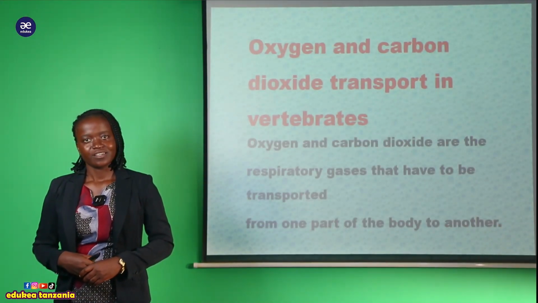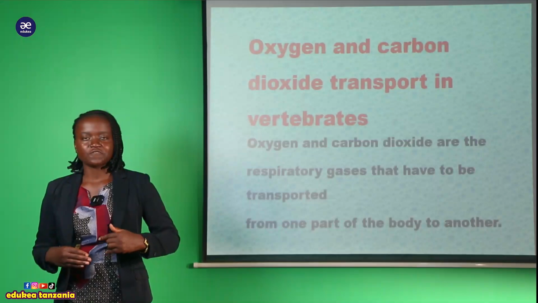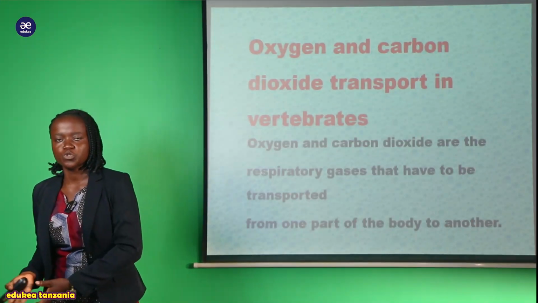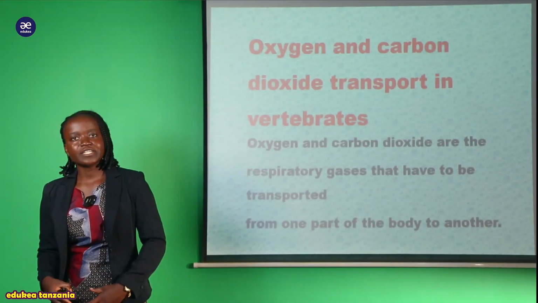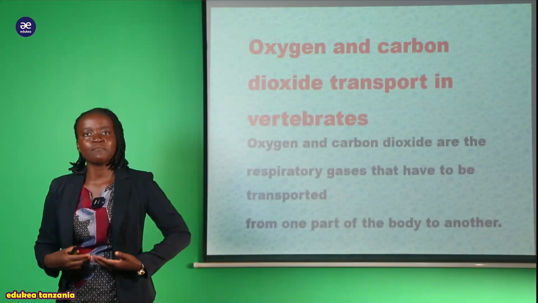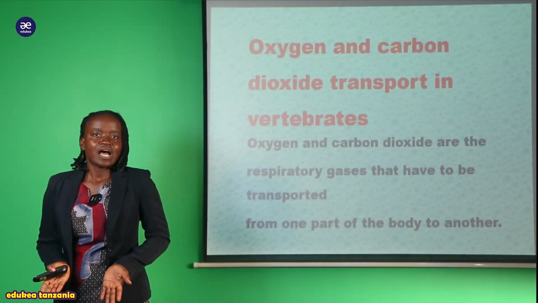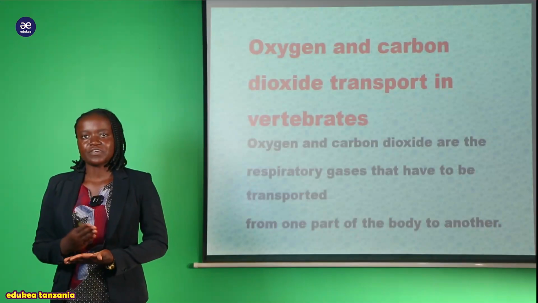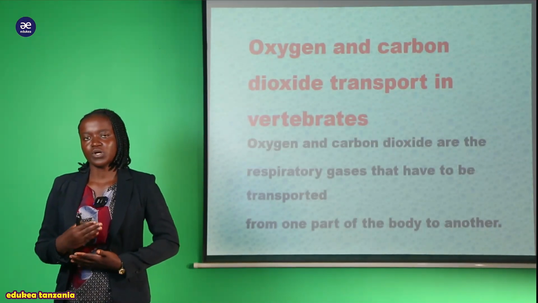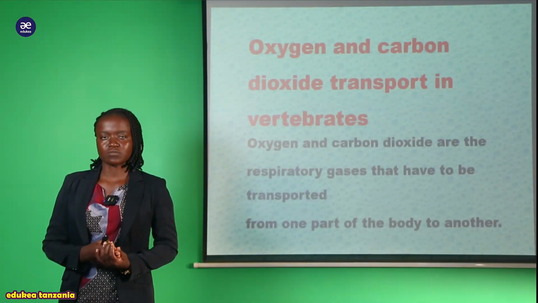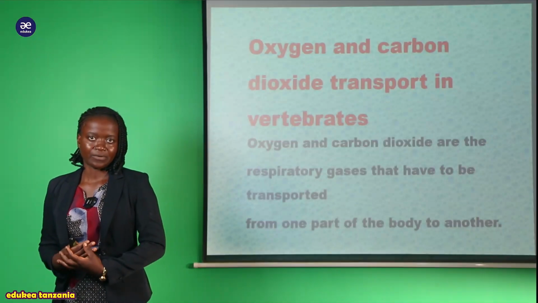The oxygen should be transported from the alveoli to the tissue. The carbon dioxide should be removed from the body, since it has no function within the body of an organism. It is a waste now.